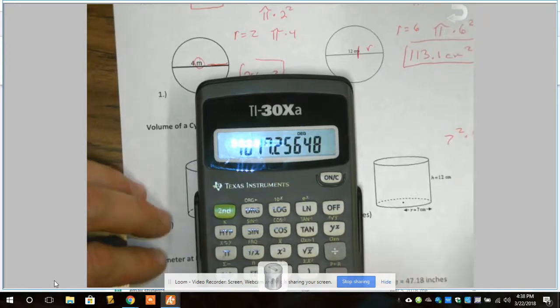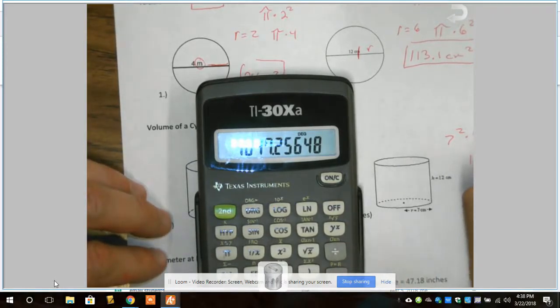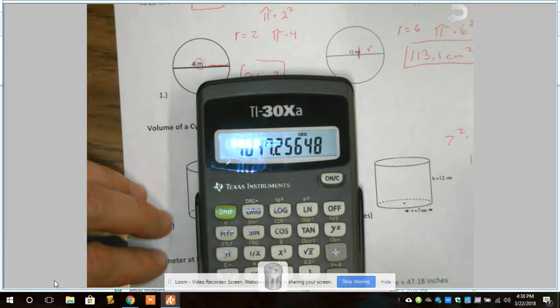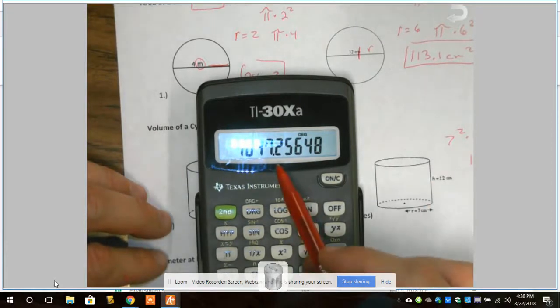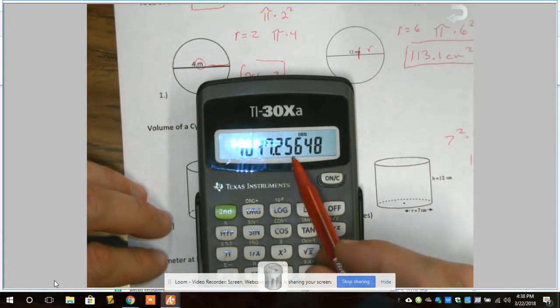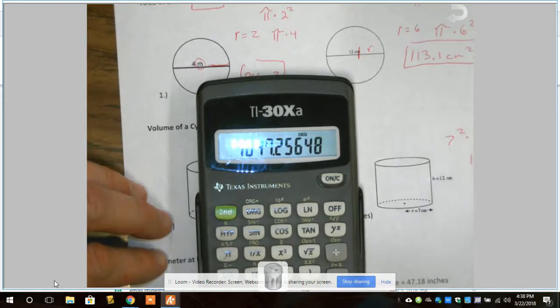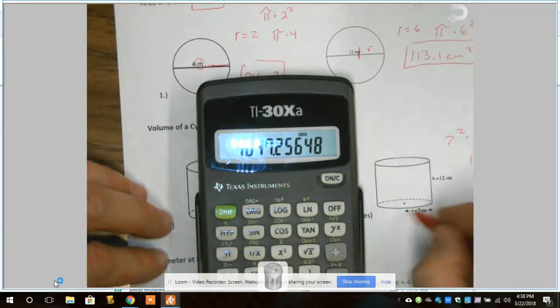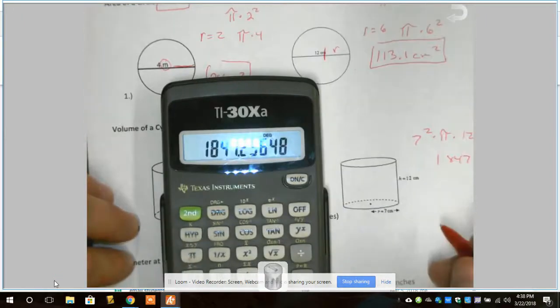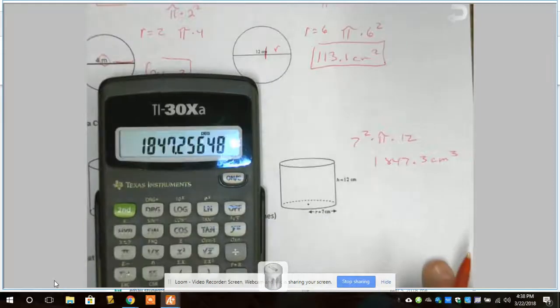Then I end up with 1,847 point 25, but the next digit is 6, so that's 0.3 centimeters cubed. Because you have the area of the circle, and then another measurement going upwards. That's how you end up with cubed.